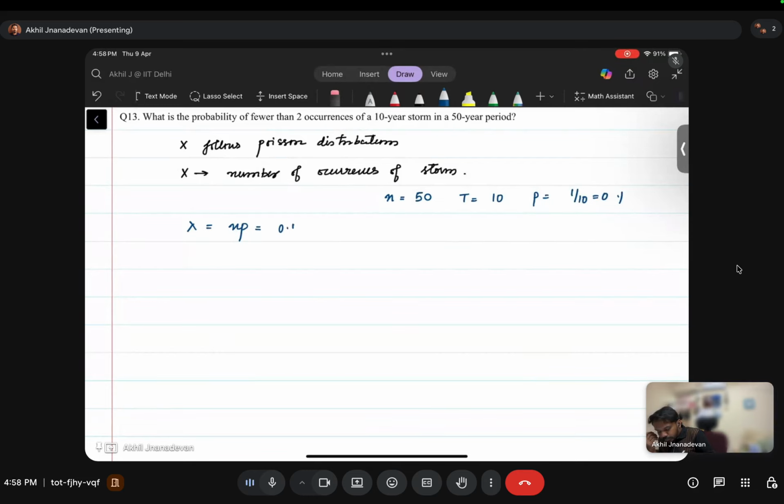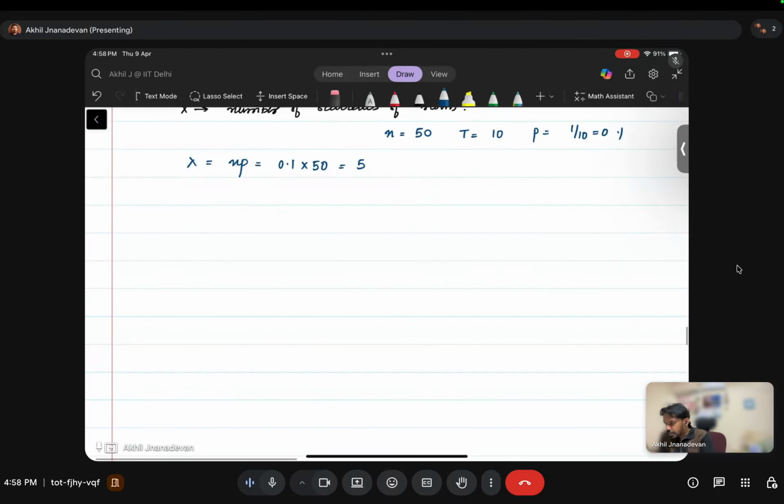So 0.1 into 50 is equal to 5. So 5 is the average number of occurrences of this particular flood. On average it occurs 5 times in the 50-year period, right? So we got lambda.